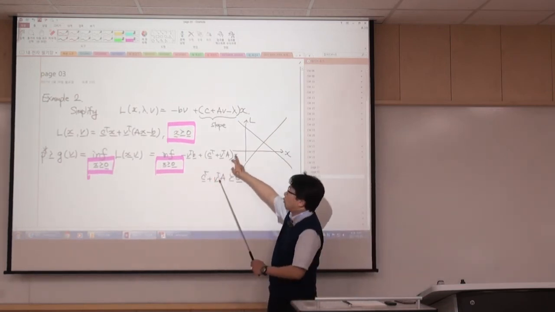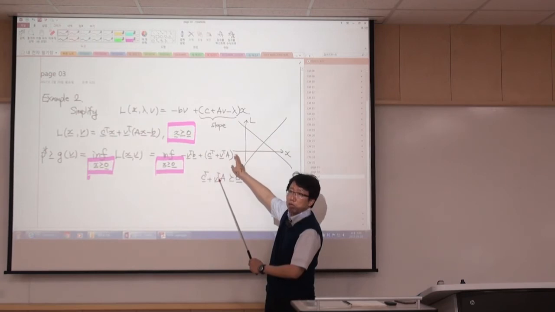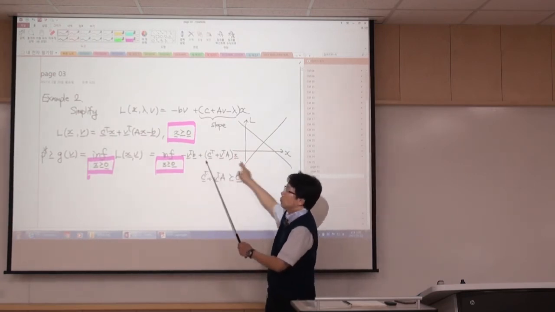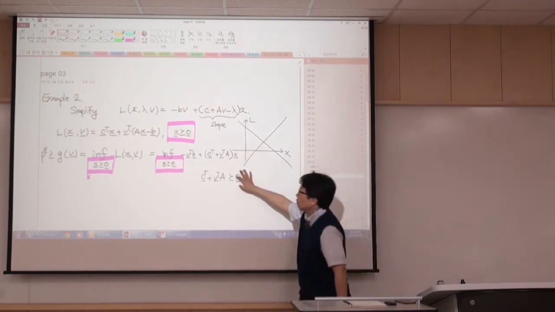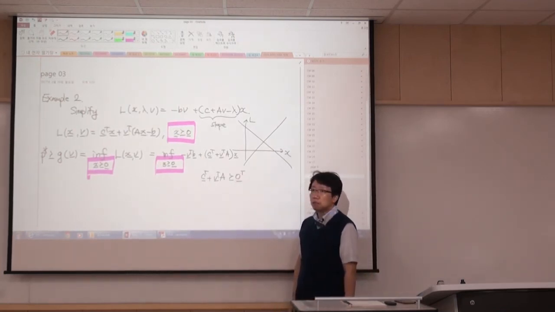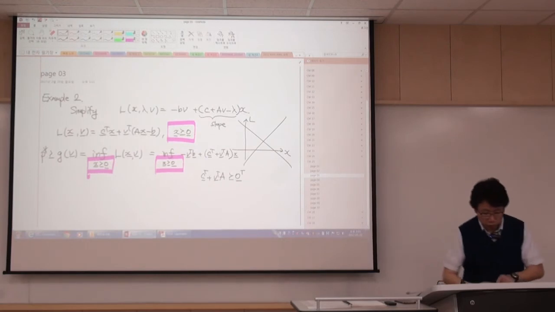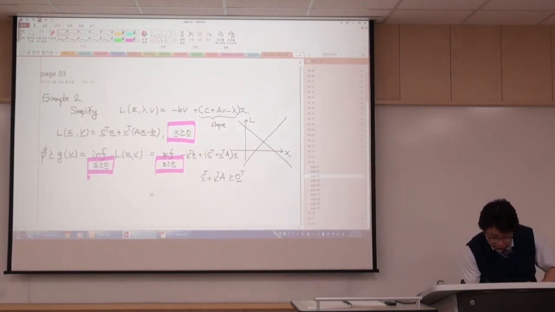Then for that component, you can make x arbitrarily large so that this becomes negative infinity. Similarly to what we just had, we have minus nu transpose b if c transpose plus nu transpose A is greater than or equal to 0 transpose, and negative infinity otherwise.